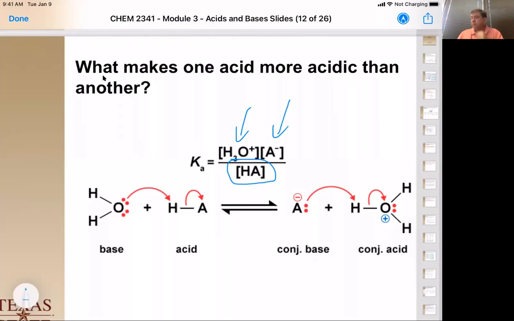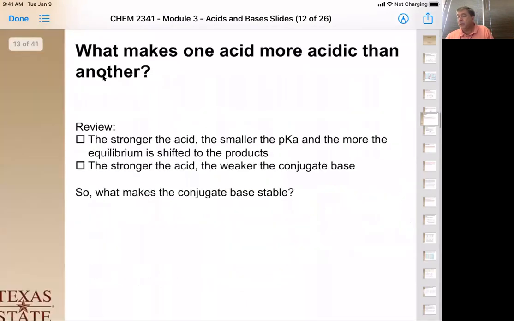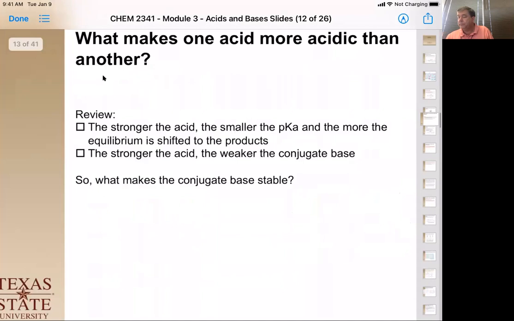All right. So think about it as this concentration goes down, this number goes up, and our pKa goes up as well. Okay. So, what makes the conjugate base stable?